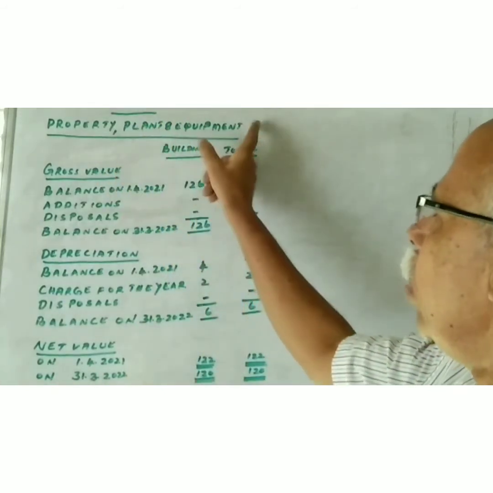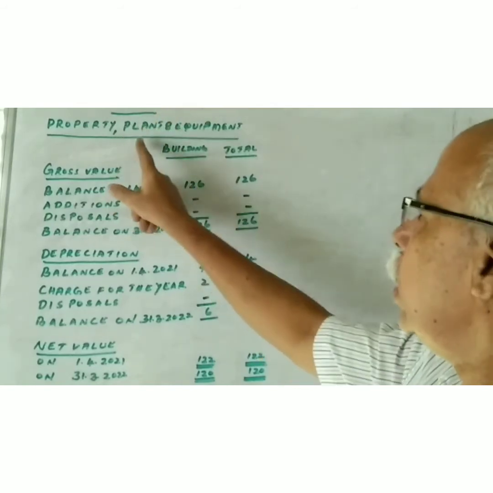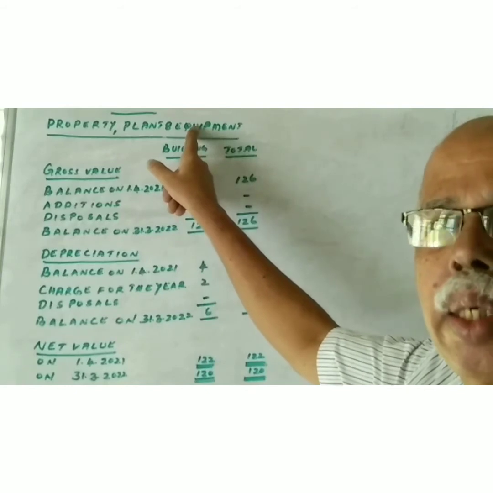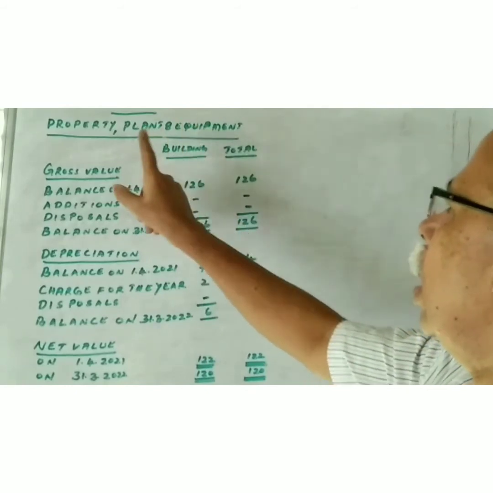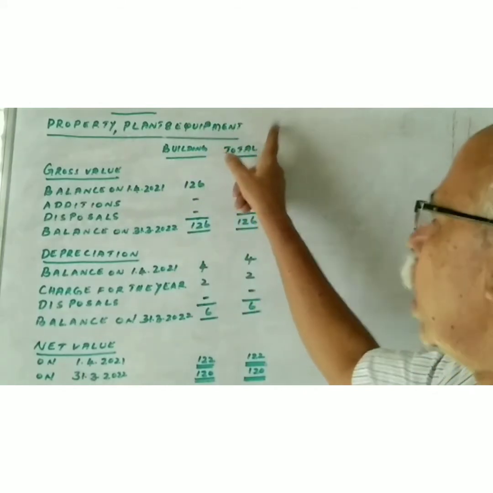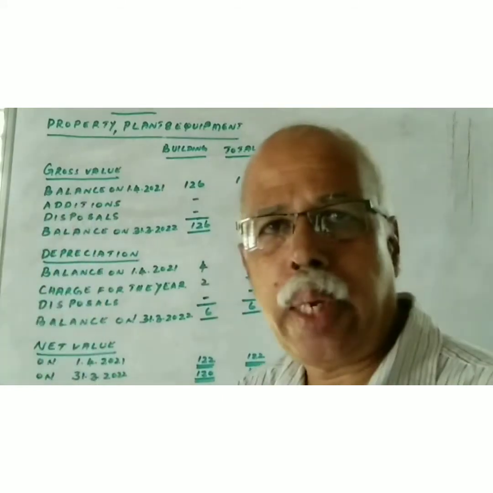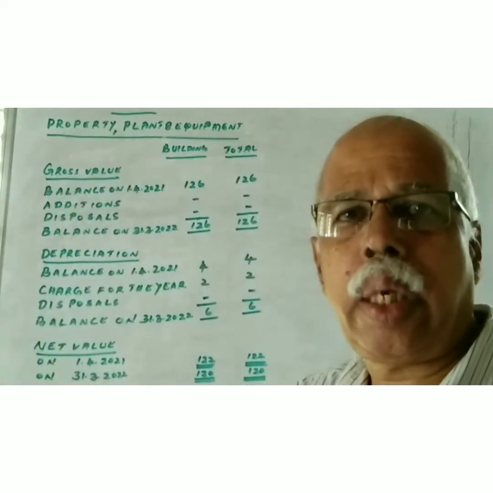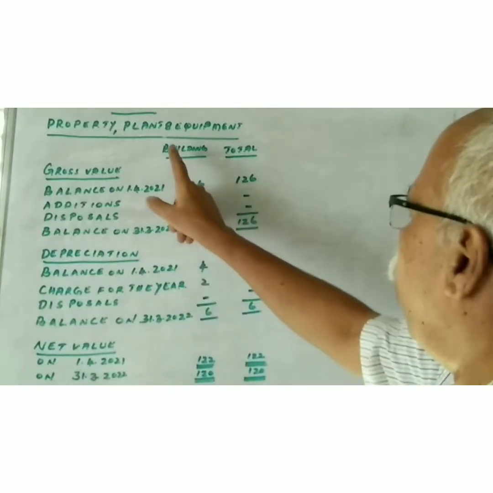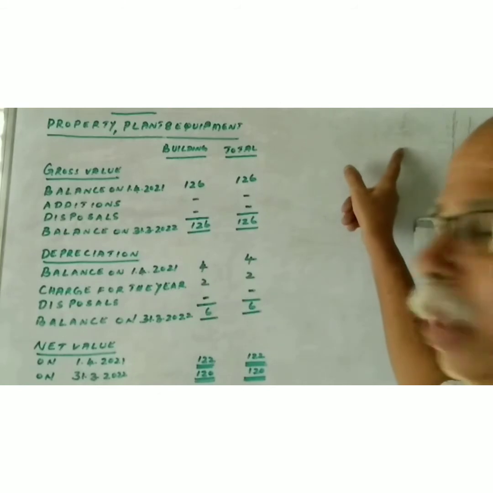Property, plant and equipment will come under note 1 because this is the first item to appear in the balance sheet under non-current assets. Property, plant and equipment consists of all tangible assets like land, building, plant and equipment, motor vehicle, etc. They will be listed one after the other in the note.